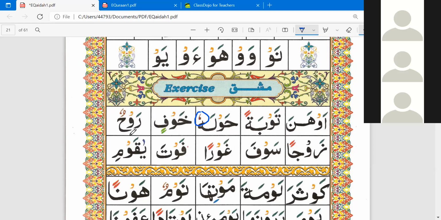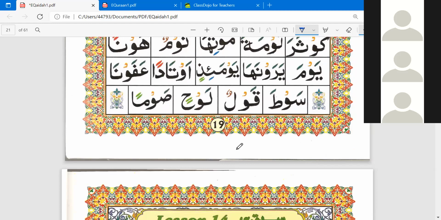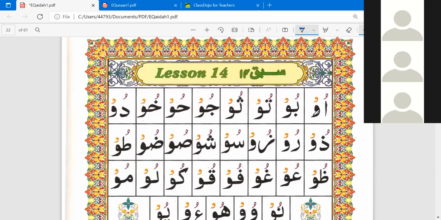Khawfin, rahun, zawjan. Saufa. See this one? I have to elongate what? Ya qawmi. See, alif dhamma waw sukun: u, bu, 2 counts. This is waw mad. Remember, I've explained alif mad, yaw mad, and waw mad.